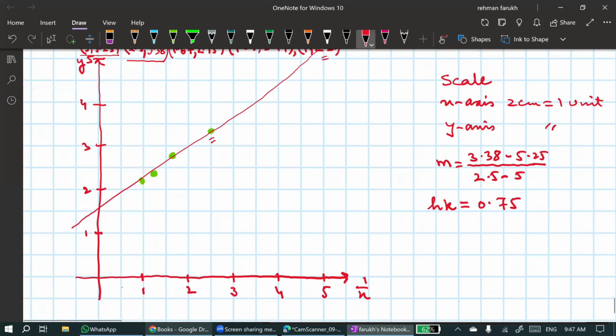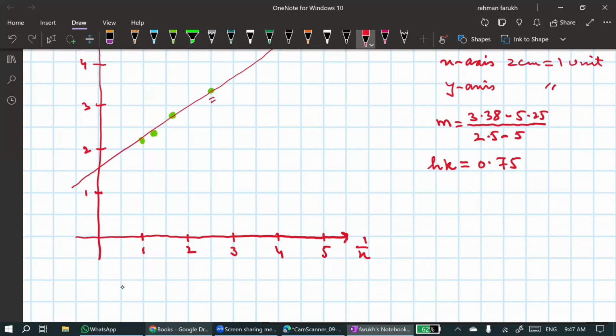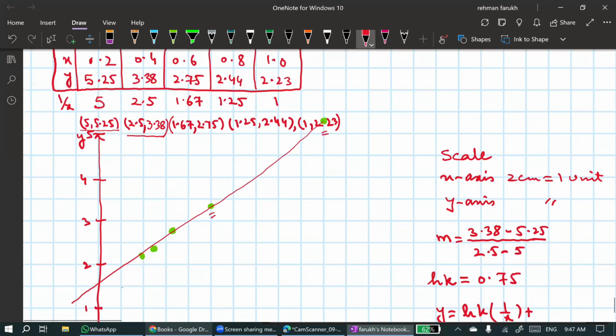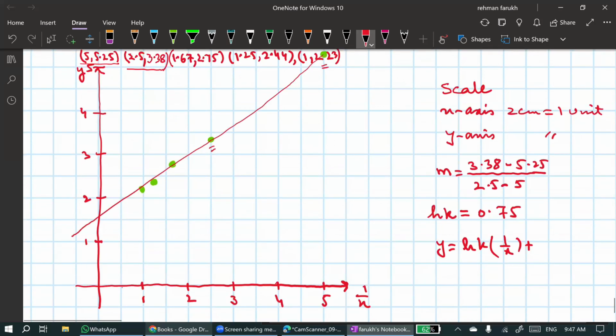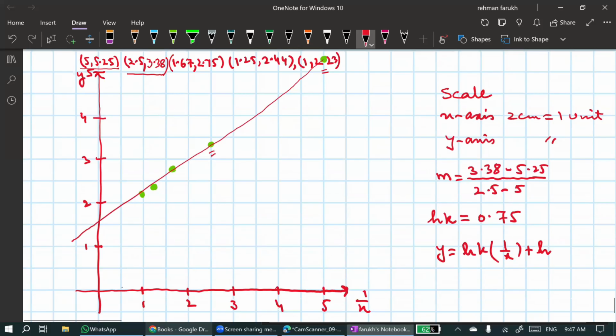Now we will use one of the points. The equation is y is equal to hk into 1 over x plus h. Now I will use the first point.